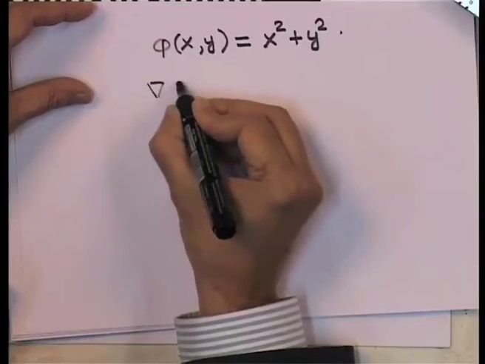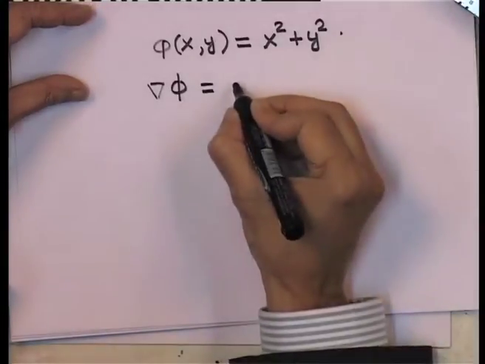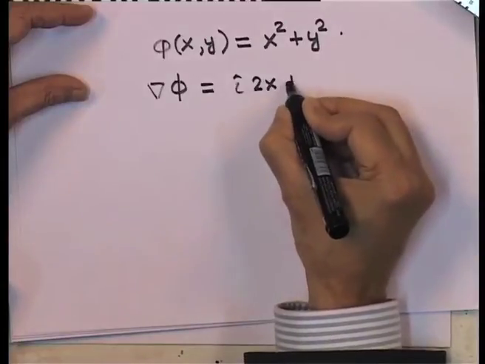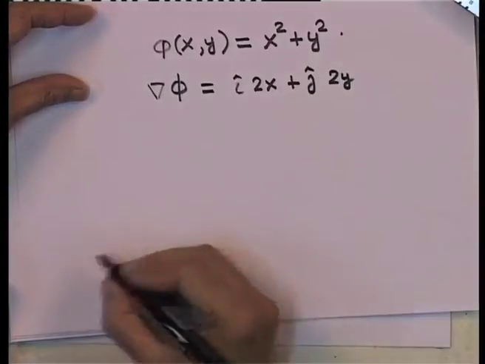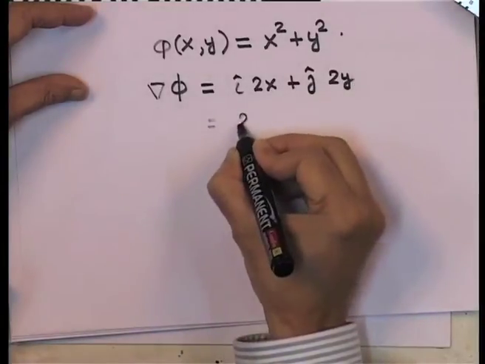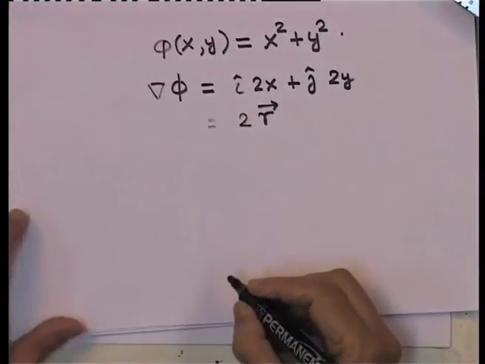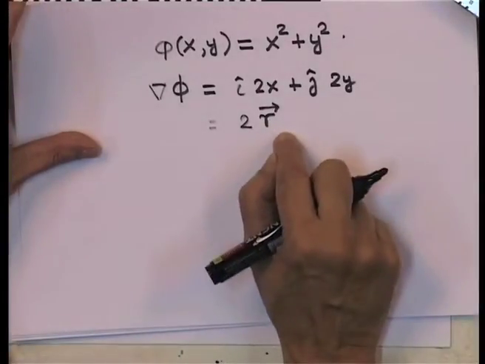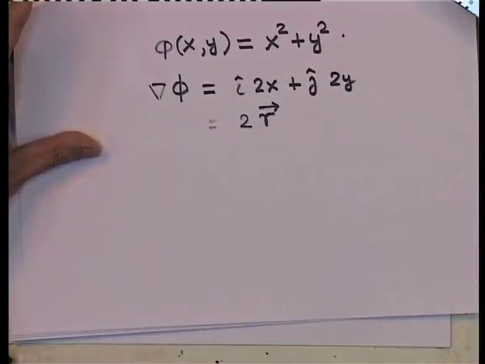So, the gradient of phi, remember, is i times partial phi by partial x, which is 2x, plus j times 2y, which is nothing but 2 times the radial vector. So, this is along the radial direction, and it is normal to the level curve.